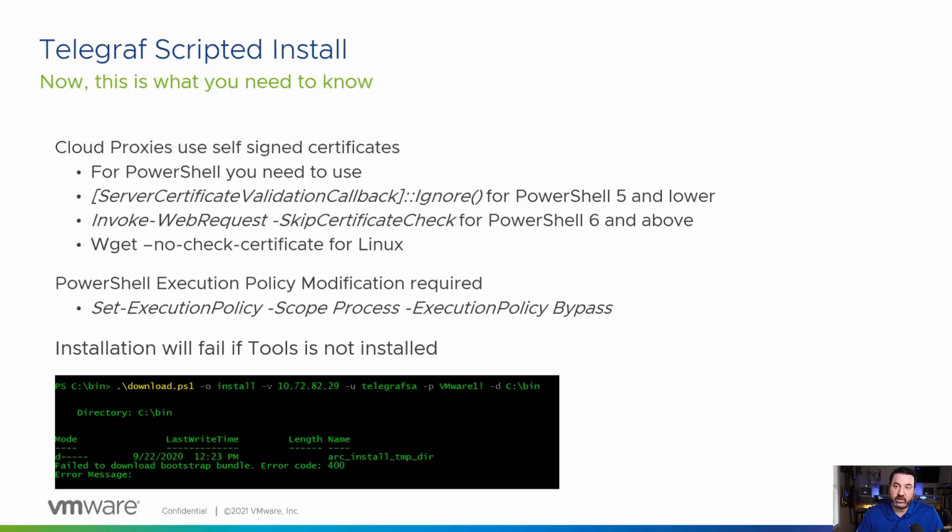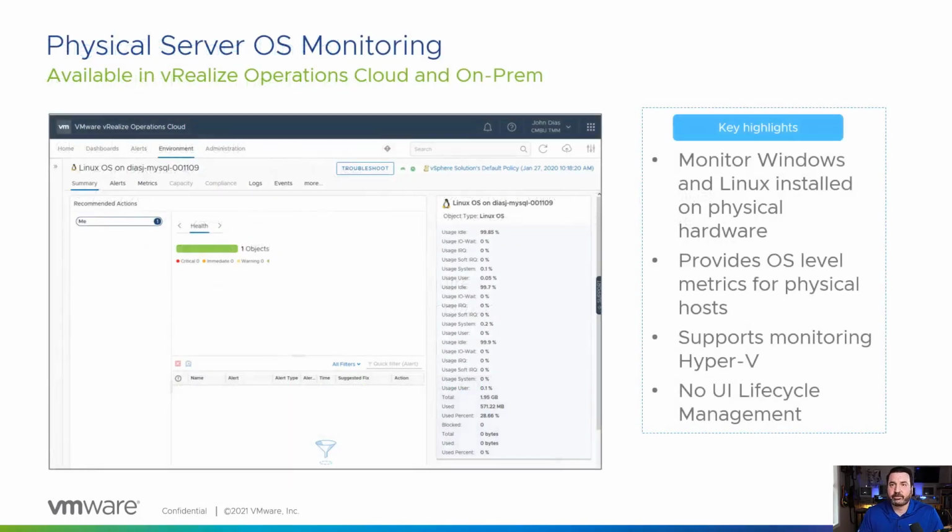PowerShell 6 obviously has the skip certificate check for Invoke-WebRequest, and then for wget, just simply add no-check-certificate for Linux. And then of course, the PowerShell execution policy, we do need to bypass that because the script is not signed. So just another thing to call out when we're doing the scripted install.